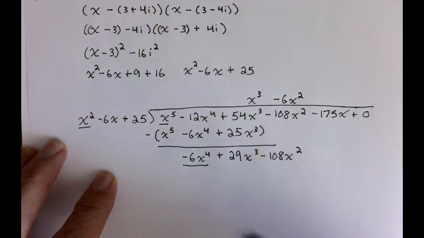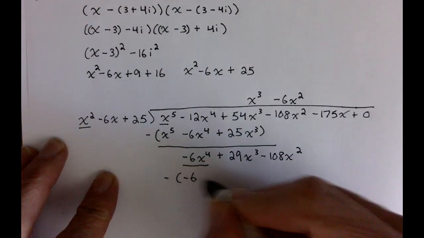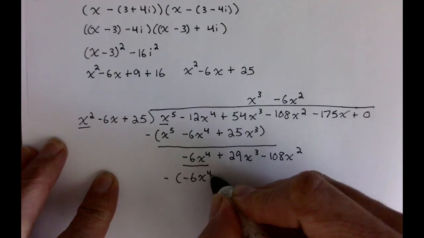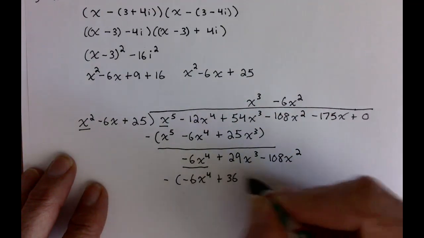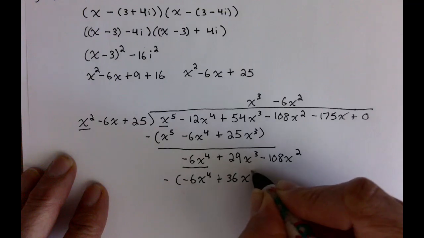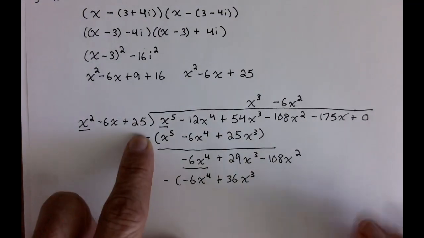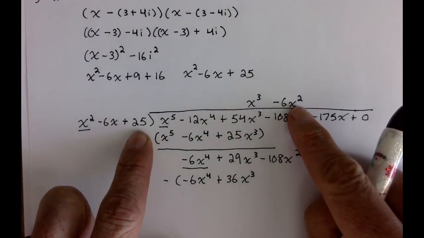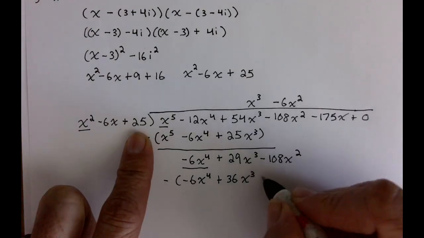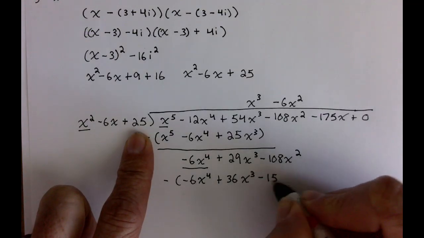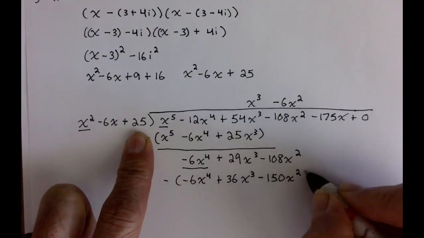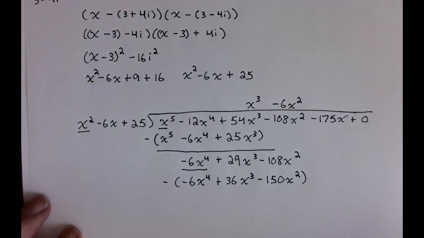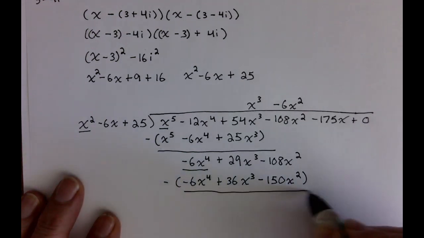And now we go ahead and do our multiplying again. So I'm going to do minus 6x to the fourth there. I'm going to get a plus 36, looks like, x cubed. And then, what's that going to be? That's going to be like a minus 150x squared. Okay. So we're going to do our subtraction again.